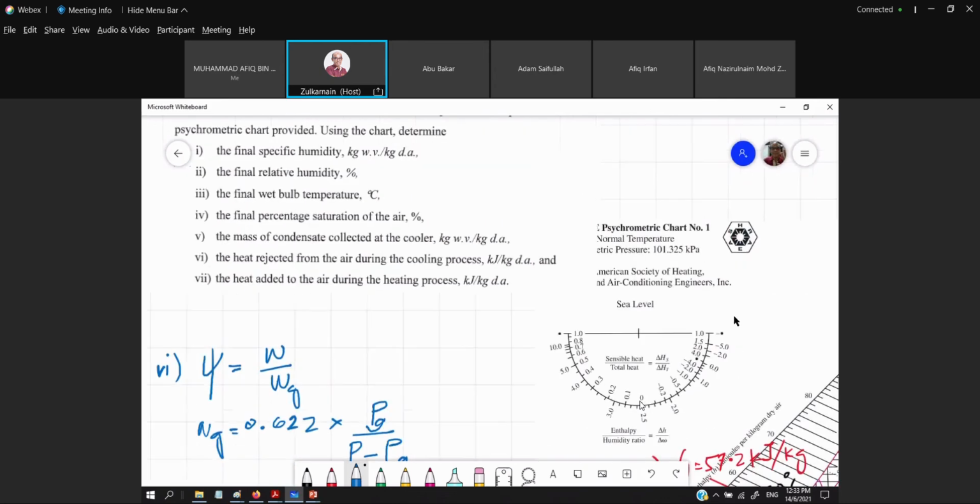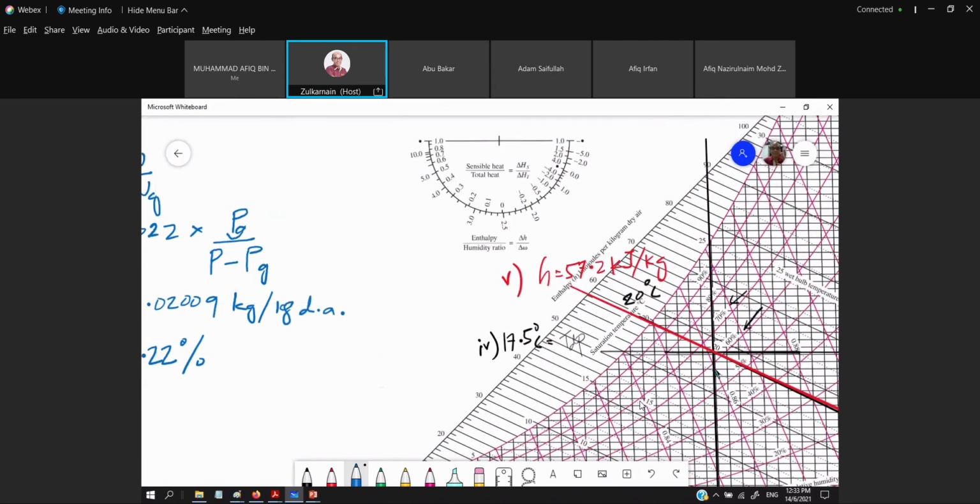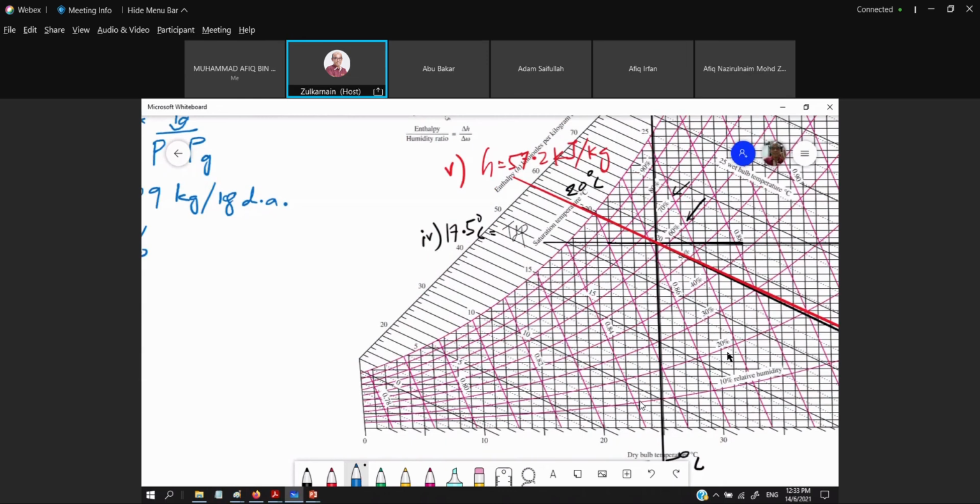So if we look here, we could write here, this is our state 1. Then we are going to cool it until we have 10 degrees C.